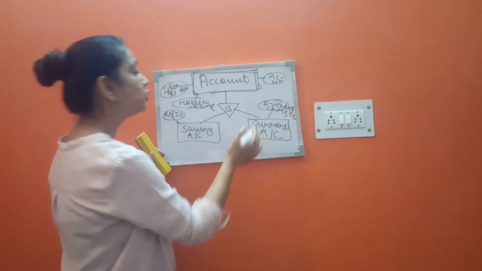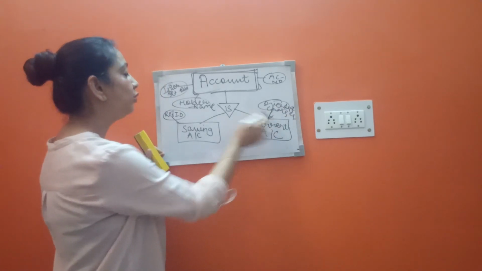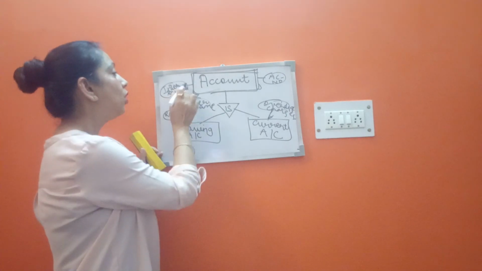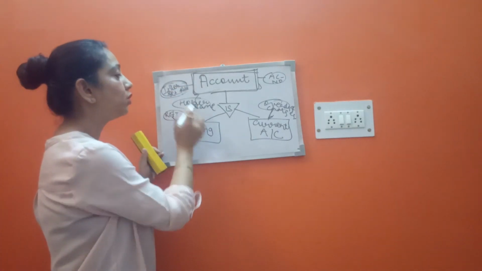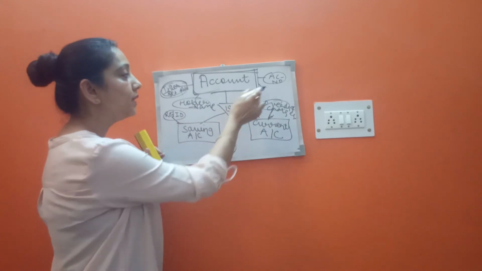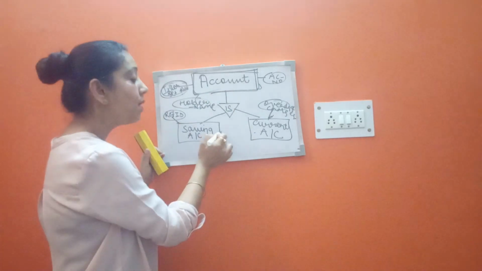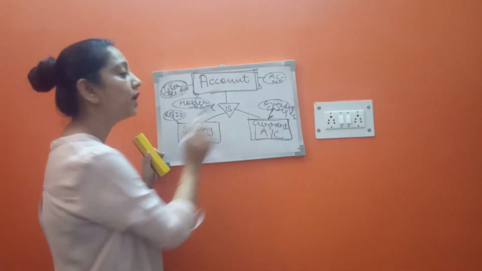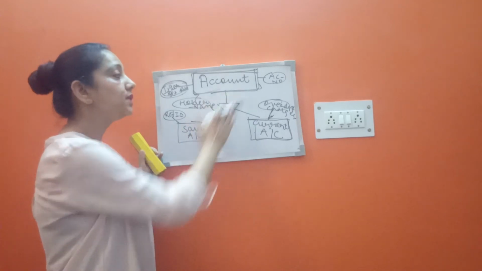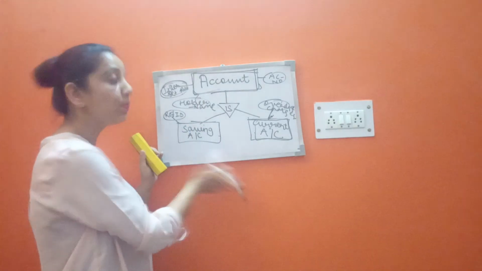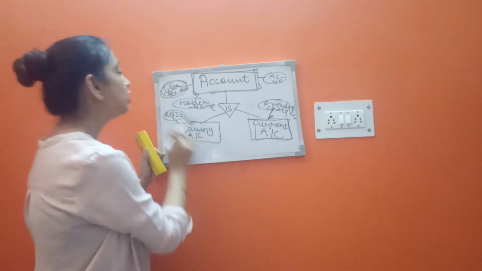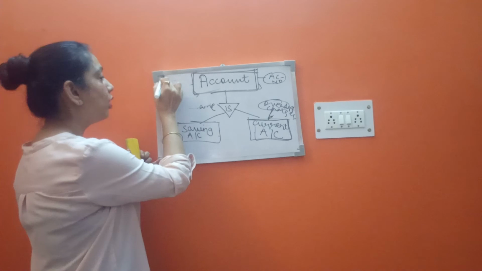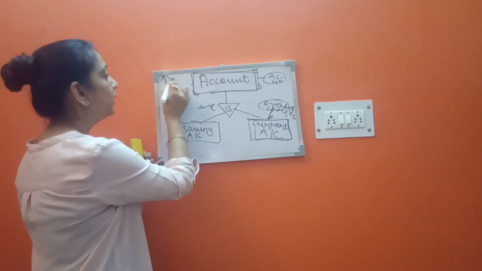The rate of interest, the account holder's name and the account number are common attributes to both these accounts, but overdraft charges is an attribute specific only to the current account and not the saving account. So this is the basic concept of specialization, and generalization is also part of it. If I take a bottom-up approach, it is generalization.